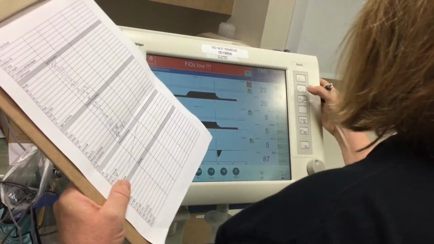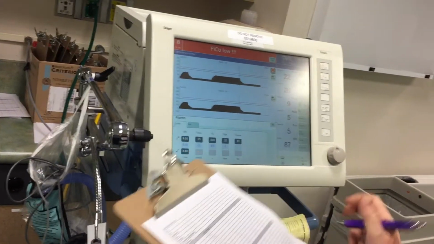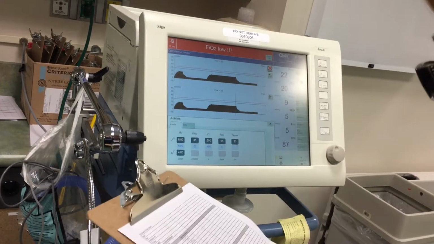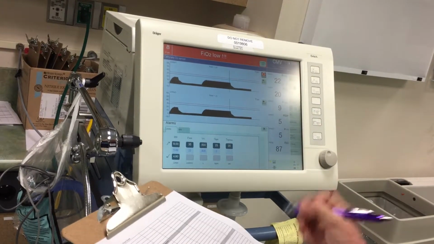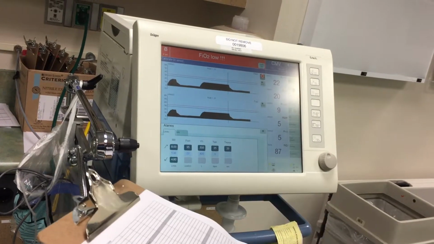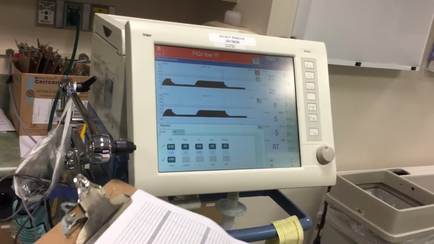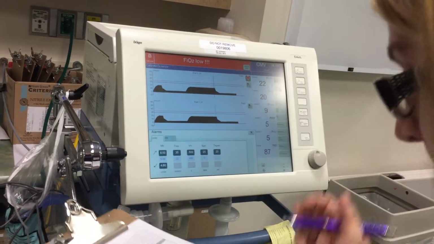Then I go into my alarm settings, and my apnea alarm is set at 20. My frequency is set at 25, no lower than 8 on my low. Tidal volume is at 500. Low is at 300, but I can't set it, but that's what I would set it if I could.